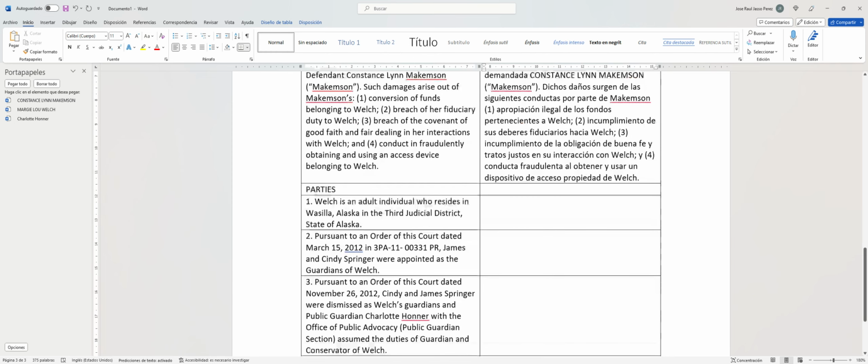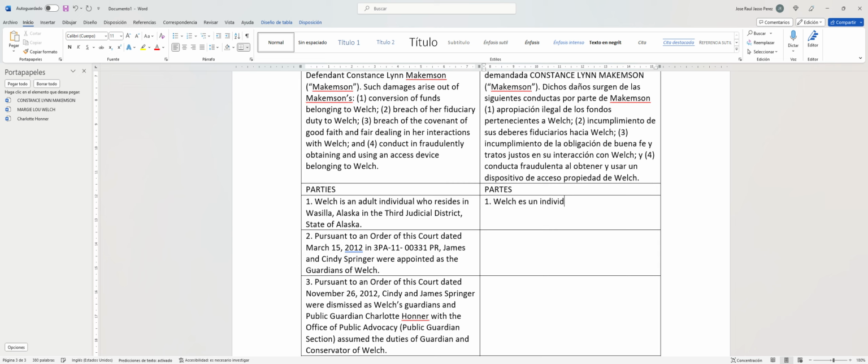Okay, now parties to the trial. Partes. Welch es una persona, or we can use una persona or an individual as well.